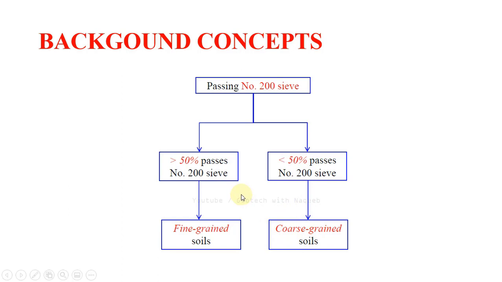For example, if the material passing sieve number 200 is 46% and the material retained on sieve number 200 is 56%, then the soil is coarse grained soil, because the material passing sieve number 200 is less than 50%. So, sieve number 200 is basically the boundary between coarse grained and fine grained soil.